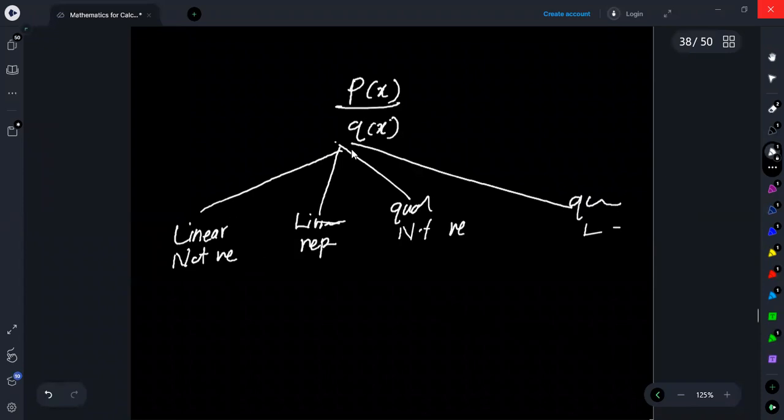First, you have to identify the types of factors of q(x). They are linear or quadratic, repeating or not repeating. According to the repetition and the linear or quadratic type of factor, we can identify the suitable case that we need to follow. Once you have identified the suitable case, write the expression according to that case, and then multiply both sides by the polynomial q(x).